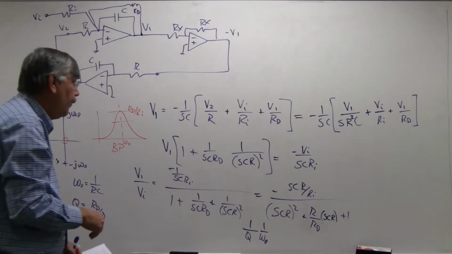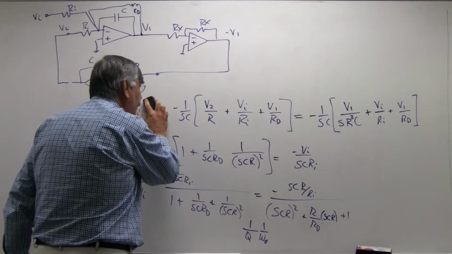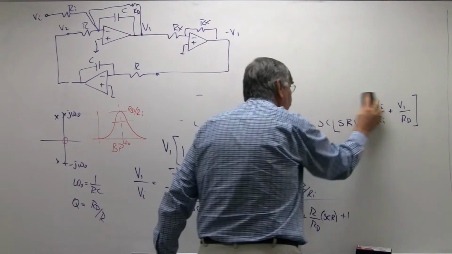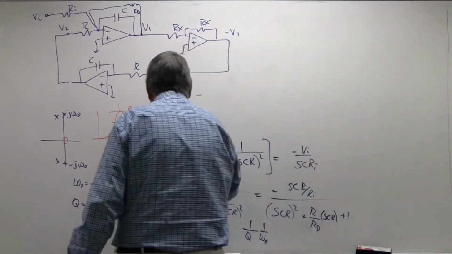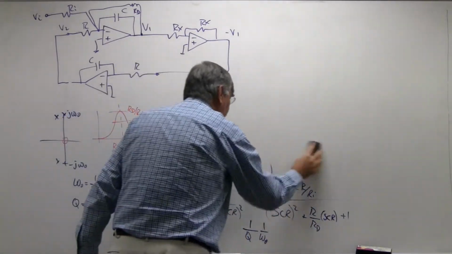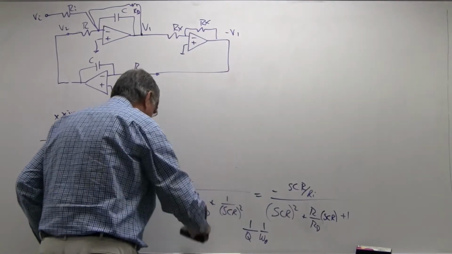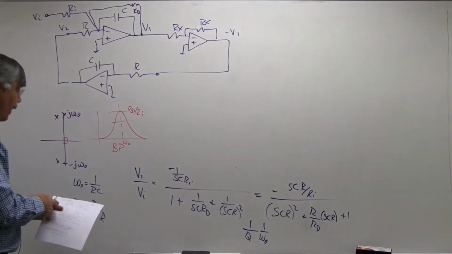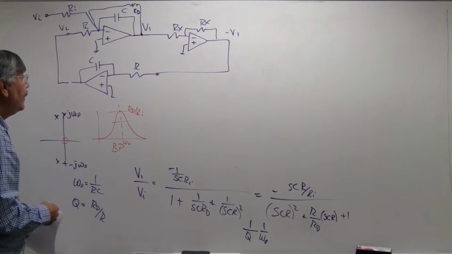Okay? So I want to just play with this a little bit. And what I really want to do is build one of these and have you build one of these and see what all you can do with it.